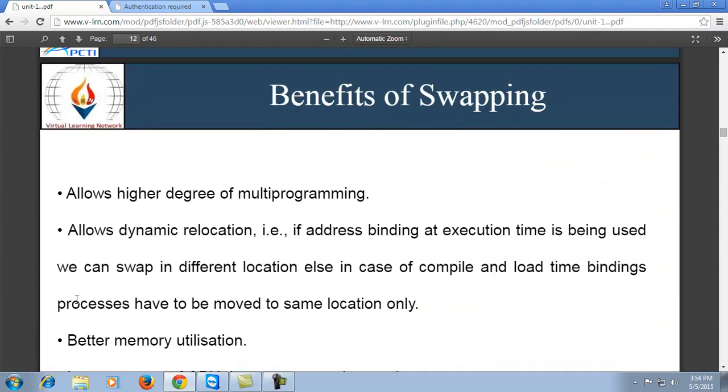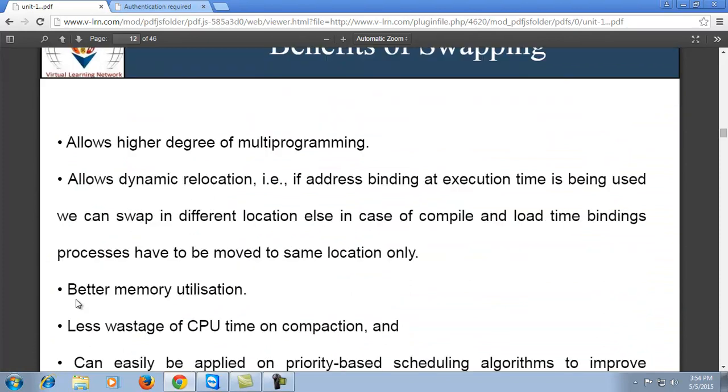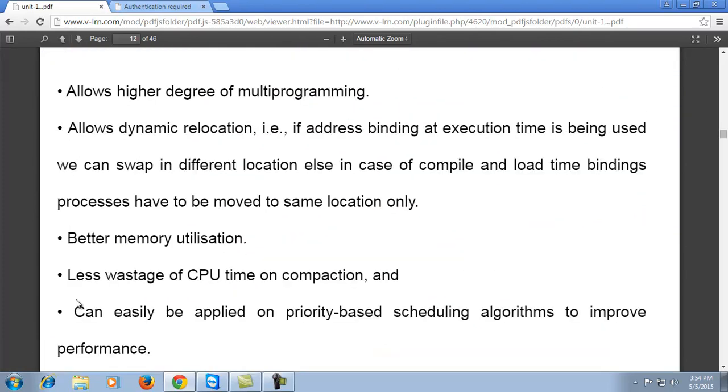Now the next is the benefit of swapping. It allows a higher degree of multiprogramming and allows dynamic relocation. If address binding at execution time is being used, we can swap in at different locations, in different positions, in different situations.